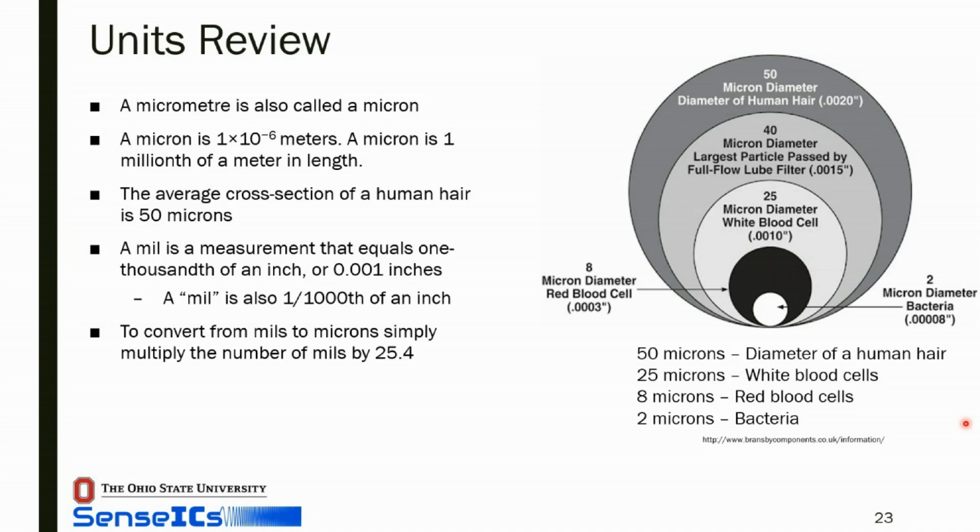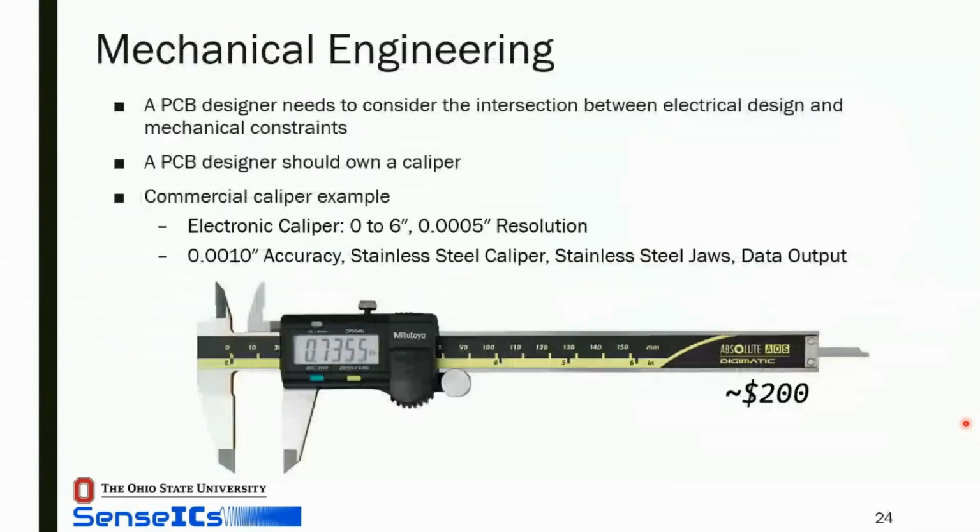Okay, the final thing before we dive deep into the world of what you can get on a PCB: I wanted to make a statement that if you're going to be a PCB designer, you also have to intersect with mechanical engineering. Like we talked about, if you put components too close to each other, then you can't solder them.